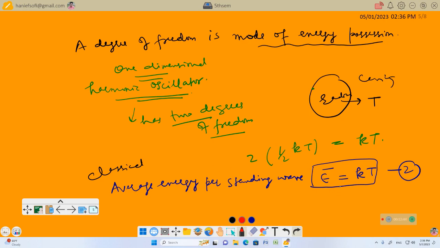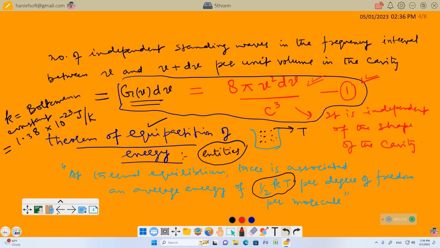Now, in arriving at this average energy per standing wave equal to kT, Rayleigh and Jeans used the theorem of equipartition of energy, which is fundamentally a classical result. And in classical physics, there is no restriction on the energy possessed by the molecules or radiation. The energy can have any value. Energy can have continuous values. That was the error. That was modified by Planck.